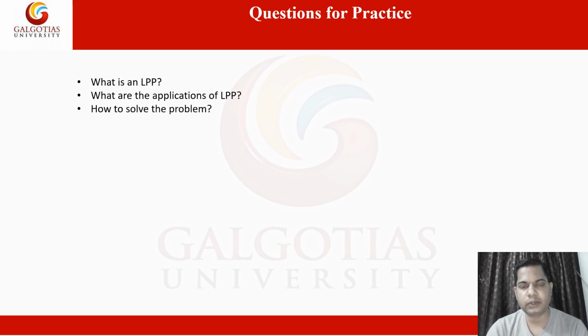In the starting, the questions were what is an LPP, how to solve it, and what are the applications. And the last part is, now we have formulated a mathematical form, how to solve it. How to solve the problem will be discussed later in the next class.